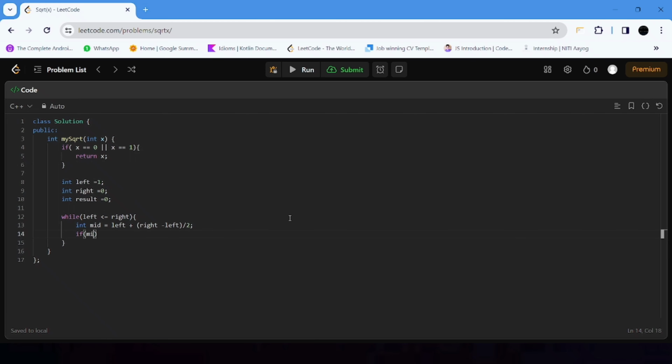We multiply our mid value with itself, and if it is smaller than or equal to x, then we store mid as the result. After that condition is satisfied, we increment our left position by 1 to check for a greater value. Otherwise, in the else condition, right is equal to mid minus 1. That means we will continue searching on the left side.